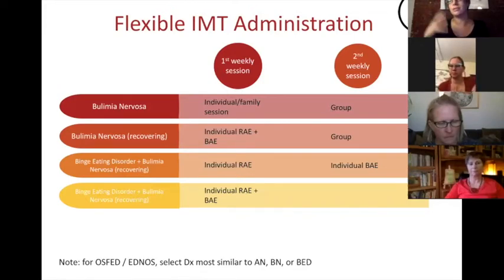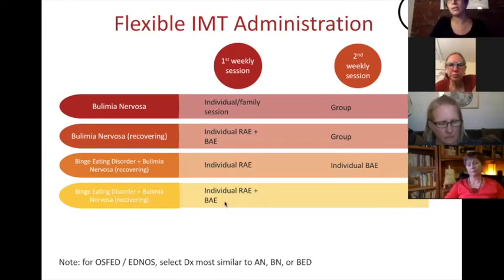Another way of doing this is not having family members involved. So we have Ray and Bay in the first weekly session, and you progress through the Ray material, then the Bay material, and then group. Or you can have it so that Ray and Bay are in 2 separate weekly sessions, or combined.